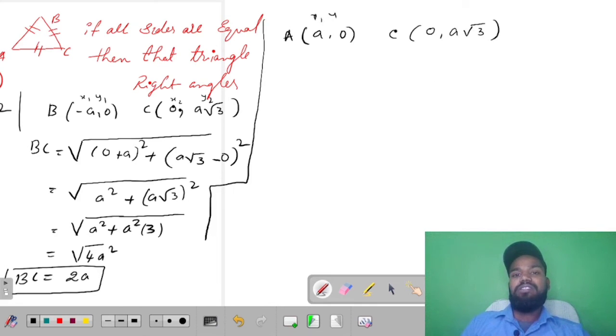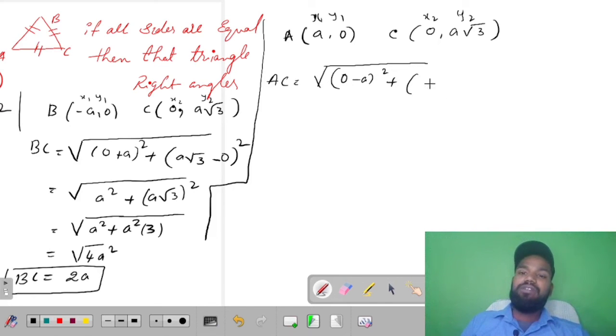This is x1, y1, x2, y2. Right. Now AC equals under root x2 minus x1, that is 0 minus a whole square, plus y2 minus y1, a root 3 minus 0 whole square.